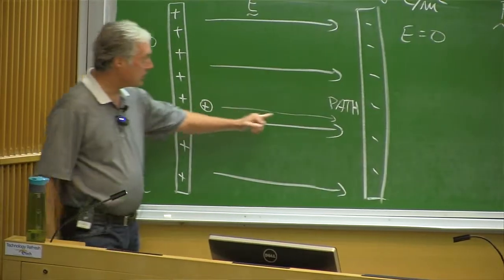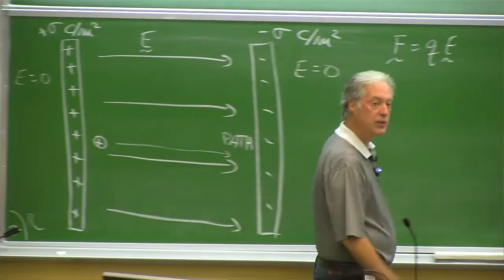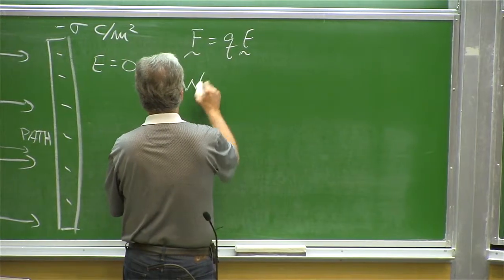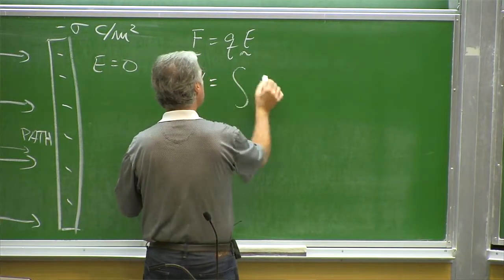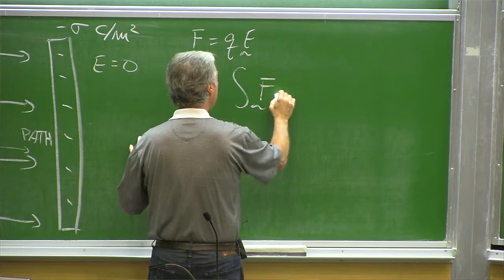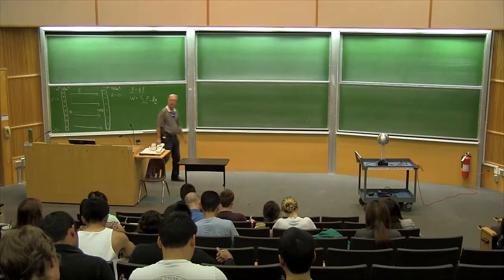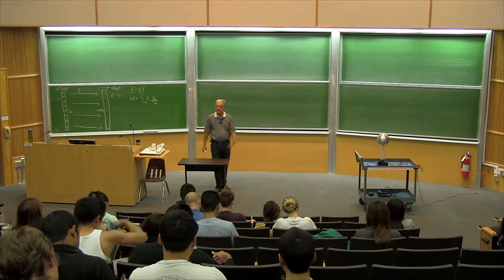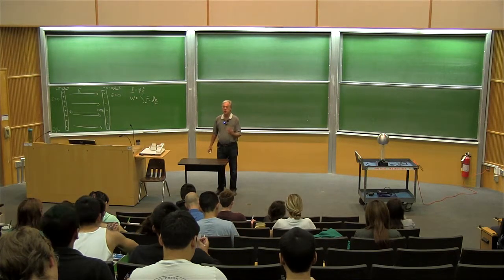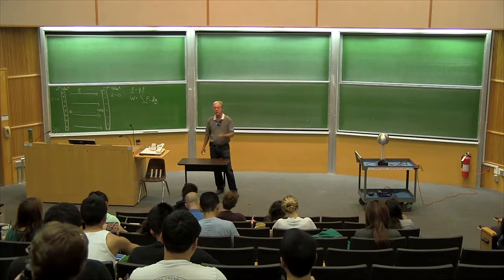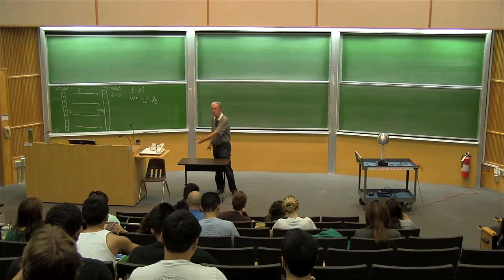That's the path it would take. So as it goes along that path, work is done, isn't it? Work is equal to the integral along the path of F dot dx. As we just had with Nancy, she determined the dx. Her path could be along the ramp over here.